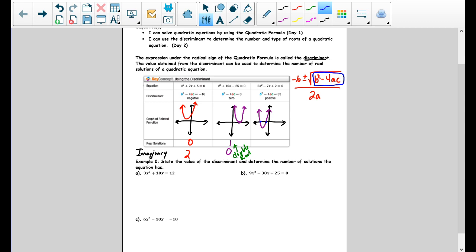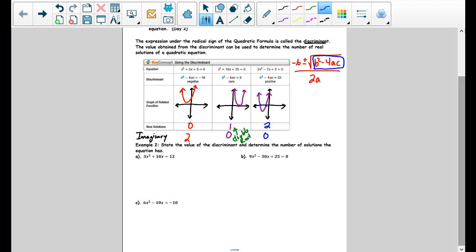So we have 2 real solutions and 0 imaginary solutions. So that's what we're doing with our discriminant. We're identifying how many solutions that we have, real, imaginary, or if it's a 0, we kind of have a double root, which is just one number.